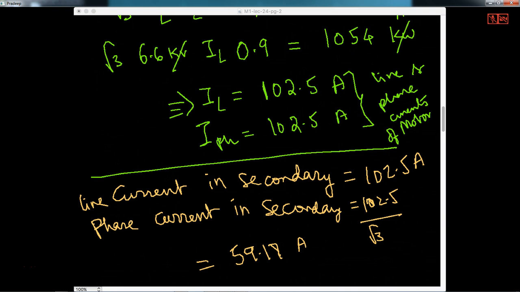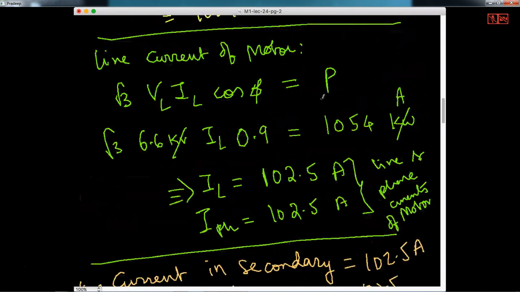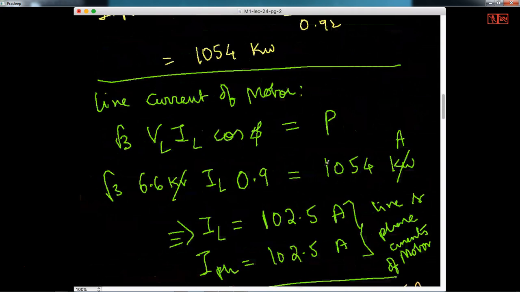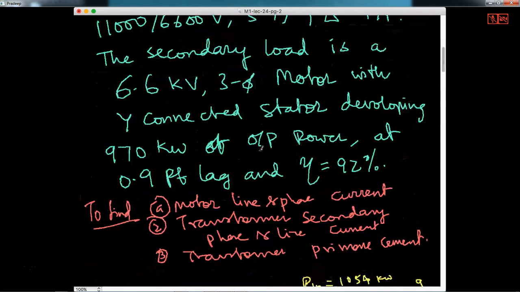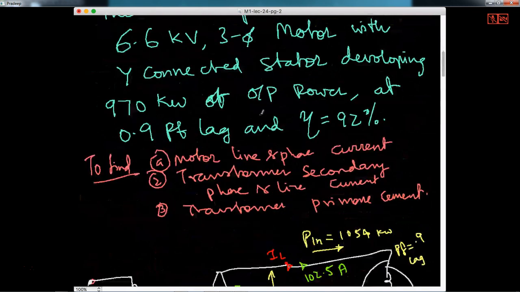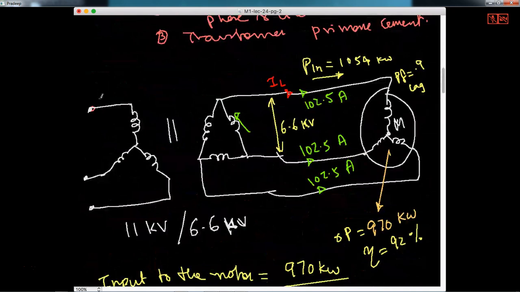Now here, what about the losses of the transformer? Because the data pertaining to losses of the transformer is not given in the question, we can assume there are no losses in the transformer, so this input power will also be 1054 kilowatt.